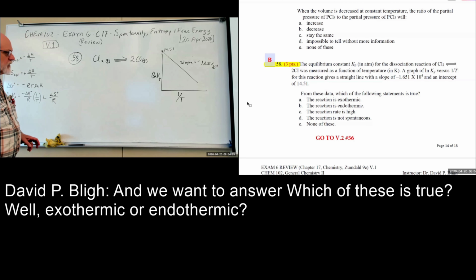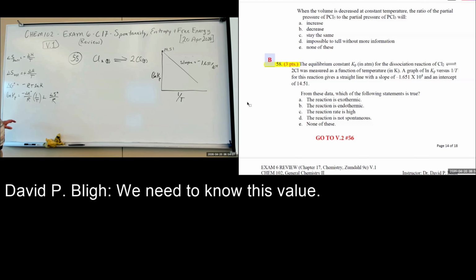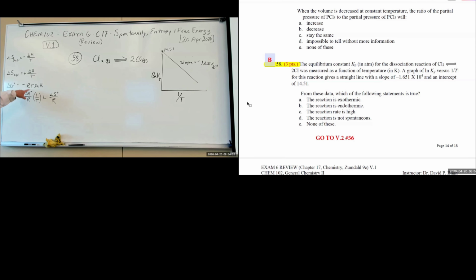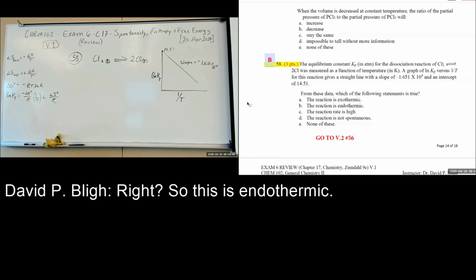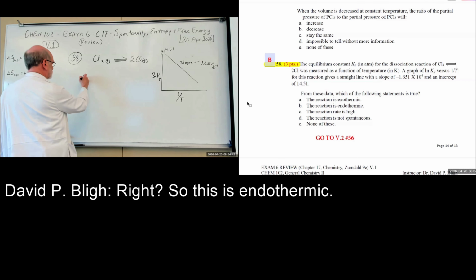Exothermic or endothermic, we need to know delta H. If the slope is negative, if this whole thing is negative, then delta H has to be positive. So this is endothermic.